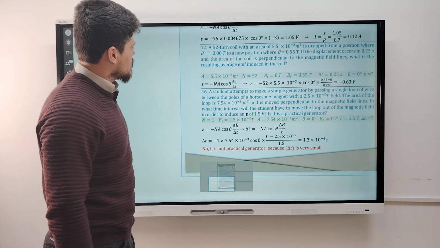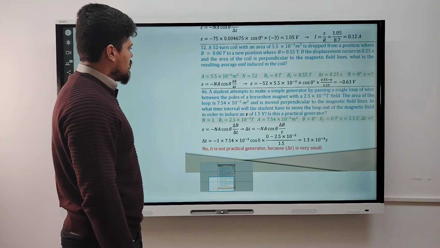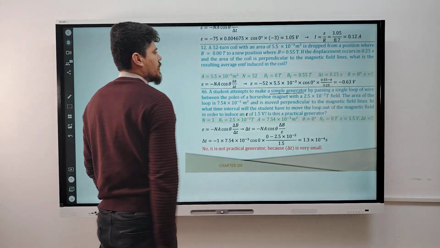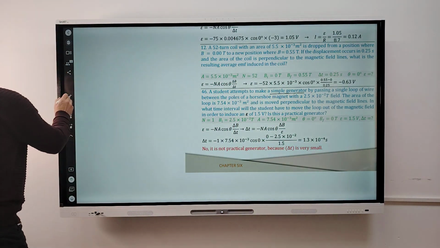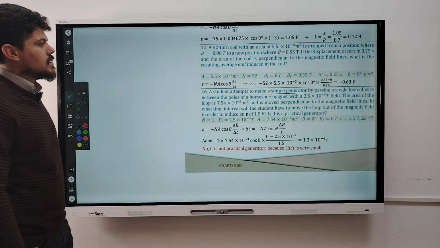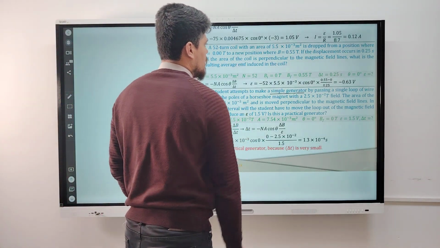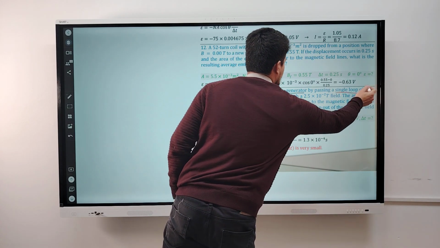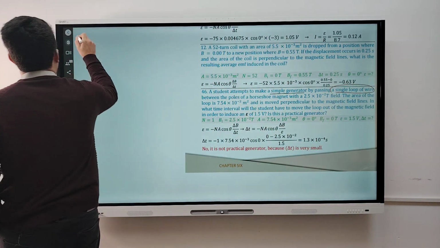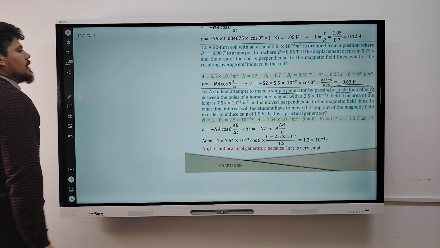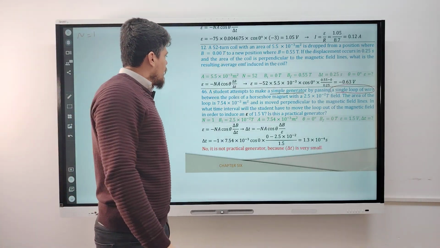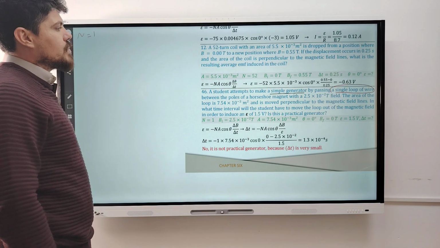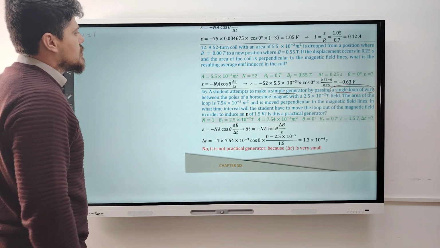In question 46, a student attempts to make a simple generator by passing a single loop of wire. A single loop of wire means that the number of turns N is 1. Between the poles of a horseshoe magnet.